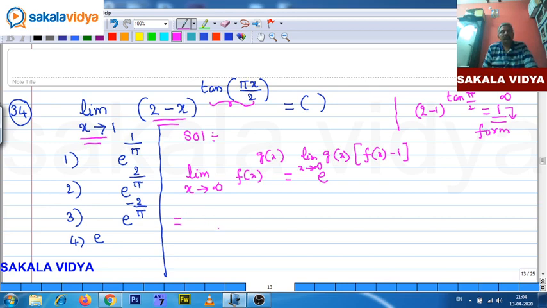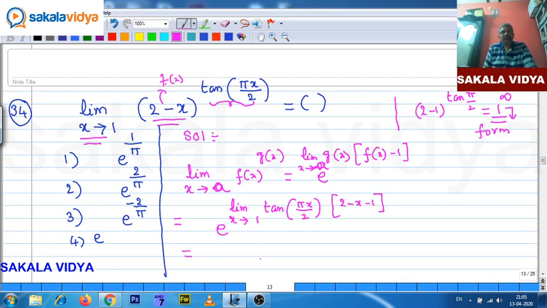So, now this is equal to e to the power of limit x approaches 1; you can write limit x approaches a also, no problem. Here g of x is tan of pi x by 2, into f of x minus 1, that is 2 minus x minus 1.